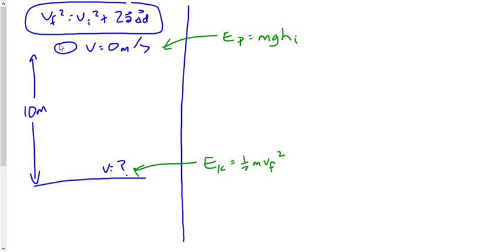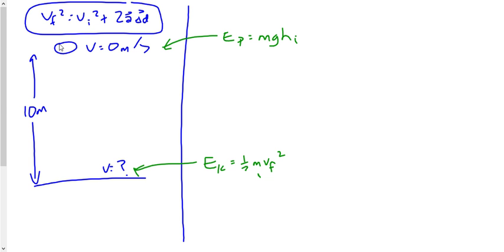Good. So what do you think the value of the final kinetic energy is relative to the initial potential energy? If potential is converted to kinetic, how do you think the values of the final kinetic and the initial potential compare? They are the same.